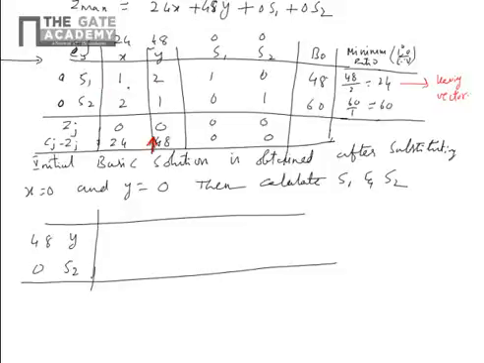This is the leaving vector, so correspondingly this is called the cross sectional value, pivot element or pivot value. Divide the entire row by that pivot value. So 1 by 2 is 1, 1 by 2 is 0, and you'll get b naught as 24.